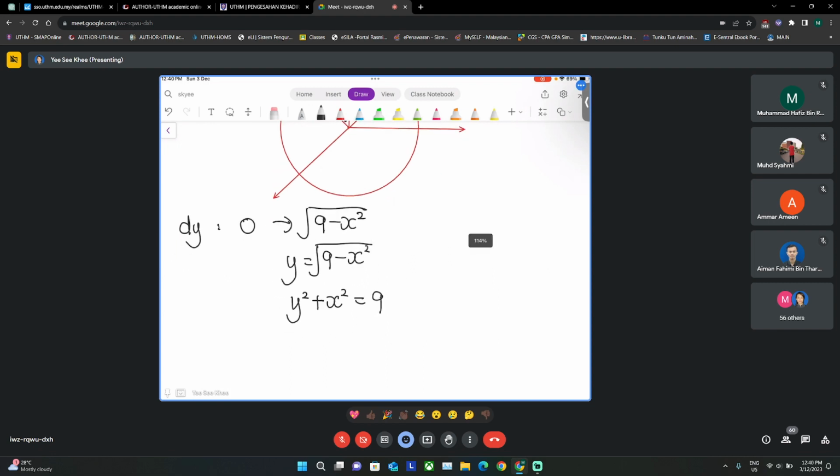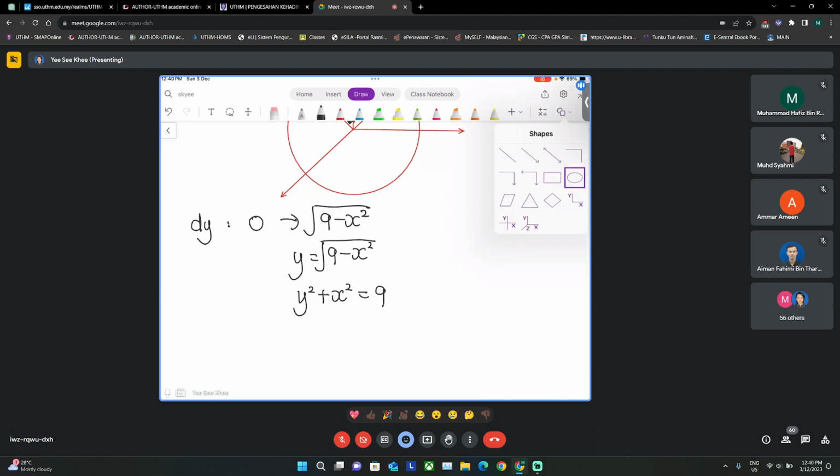It is a circle. So you draw a circle again. Which region does it mean? You need to shade the region.